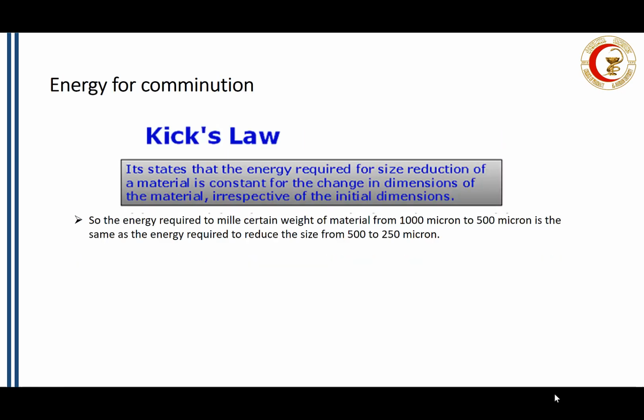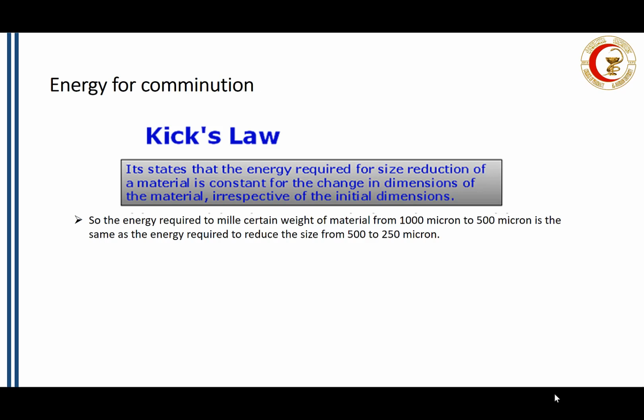Now for the energy of comminution, as we have said previously, only 1% of the energy of the milling equipment is utilized to fracture and to produce new particles. So how can we calculate this 1% to ensure that we will produce the particle size required and that this milling machine will give us the required results?